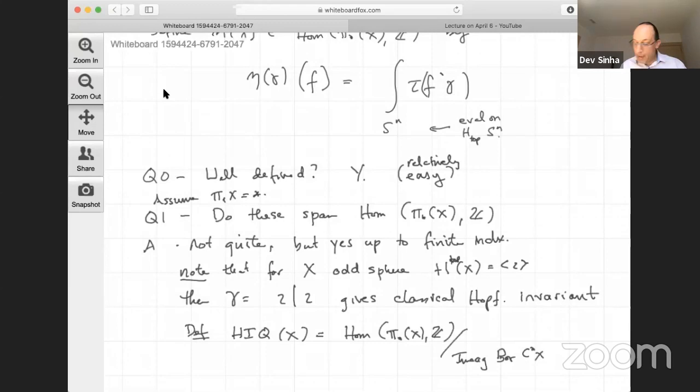And then Adams says that the Hopf invariant quotient of X is 0 for, sorry, not X in general. He was just concerned with spheres. 0 for n even. There were no invariants to begin with.